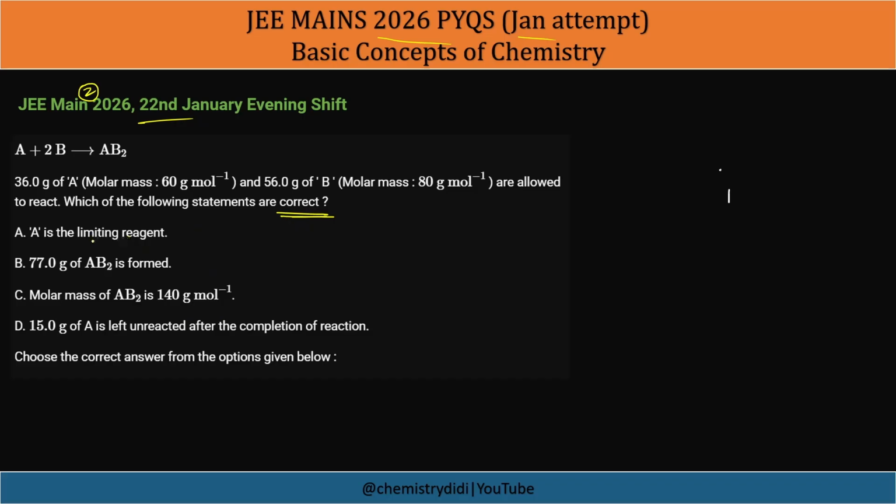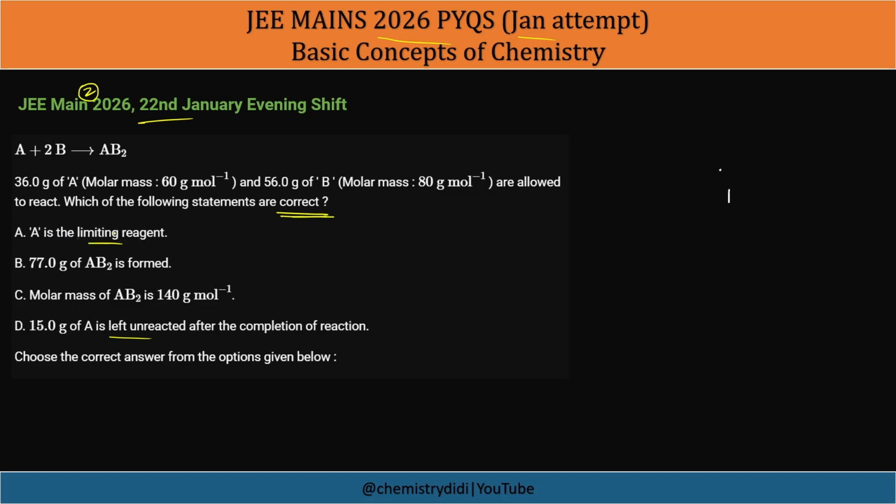Here they were talking about the limiting reagent, and about how much AB2 will be formed, and they were also asking about the molar mass of this AB2. All these things they were asking. You will get to know all of these if you know whether the limiting reagent is A or B, because the reaction proceeds according to the limiting reagent.